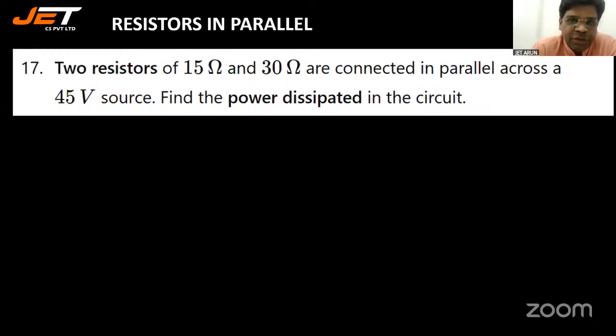Two resistors of 15 ohms and 30 ohms are connected in parallel across a 45-volt source. Look at this. This is interesting. Find the power dissipated in the circuit.